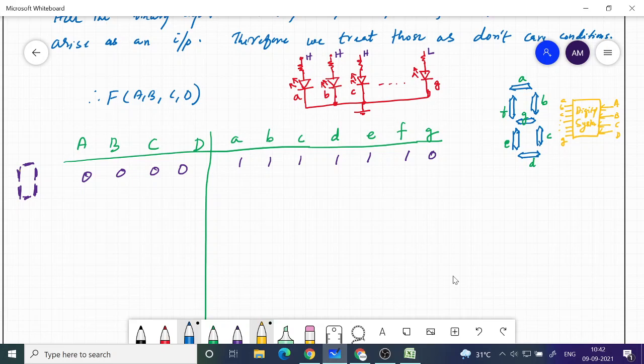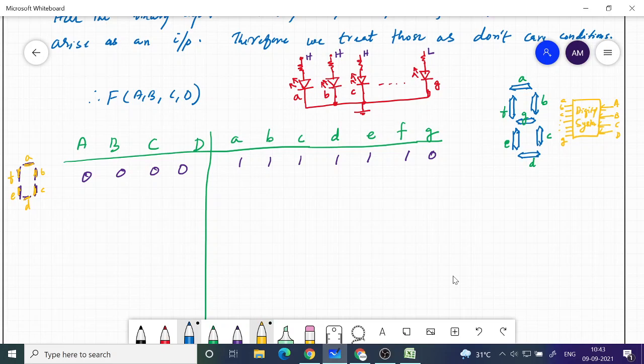If you want to display 0, this one is 0, right? To display 0, you see here, I have written a 0 here. I illuminate A, B, C, D, E, F. This is A, B, C, D, E, F. I illuminate all of these, but G I don't illuminate, the middle one. That LED will be off.